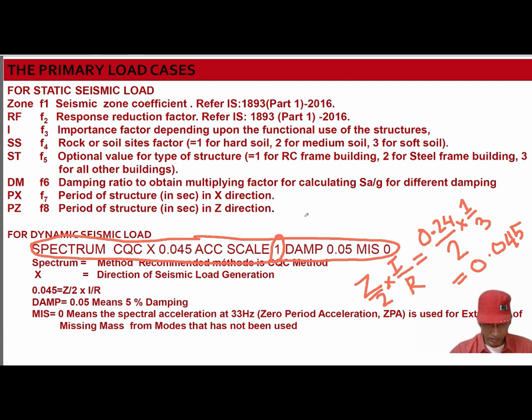So for the missing mass for higher modes, STAAD will calculate some value. That will be based on zero period acceleration when we say MIS is equal to 0.